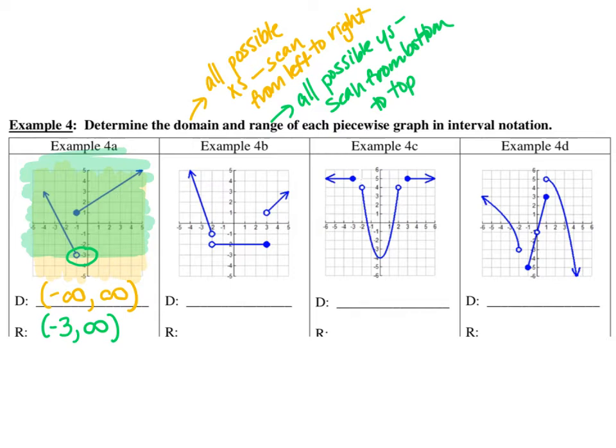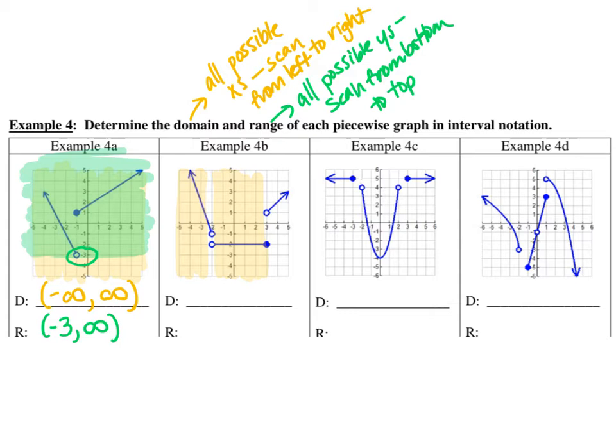Now let's take a look at 4b. So we need to scan left to right. We can start here at negative infinity. And once we hit -2, notice those are two open dots. So we have to jump over them and continue scanning until we hit 3.